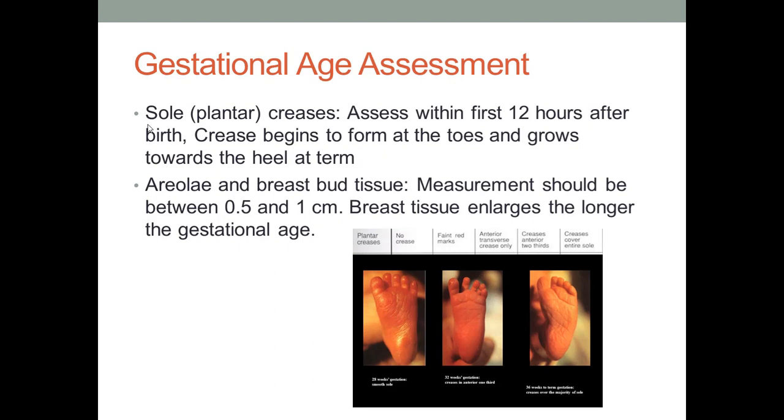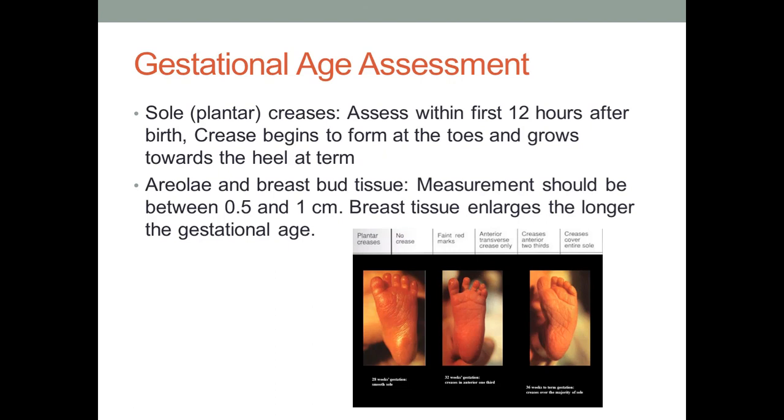And then anything above 37 weeks, they're basically going to have creases all the way through, like the third picture there. I like this picture here because at the top of that picture, for the plantar creases, there's no crease, just faint red marks. That kind of starts at preemie baby and goes all the way up to term baby or post-term baby.